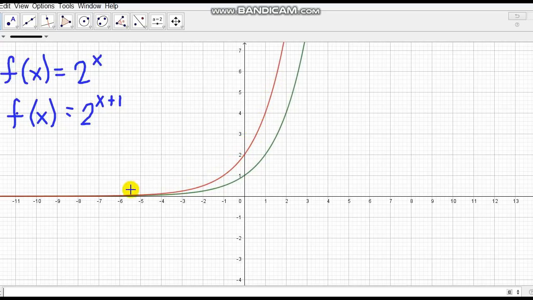As we can see here, they're both asymptotic to the x-axis. And look at this point here, it's (0, 1), but the counterpart on the other graph is right here. It shifted 1 unit to the left. The same thing happens consistently on other points of the graph.